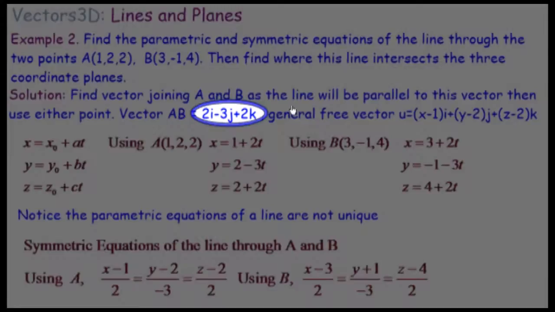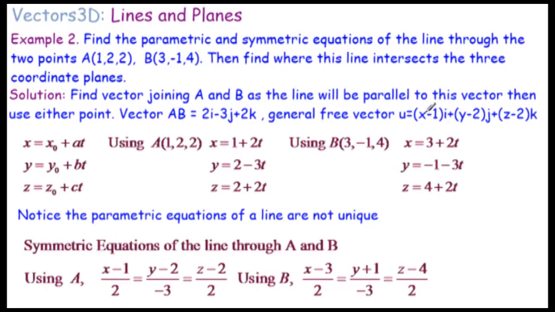We are also going to need the general free vector, from say either A or B, to some general point on the line X, Y, and Z. And so you can see here I've generated the free vector.